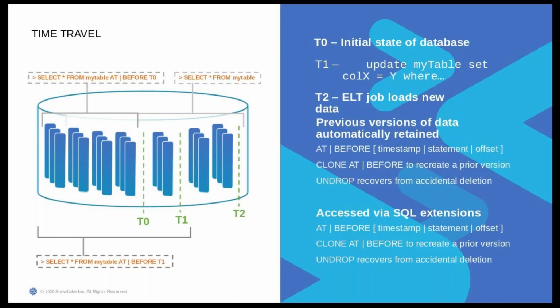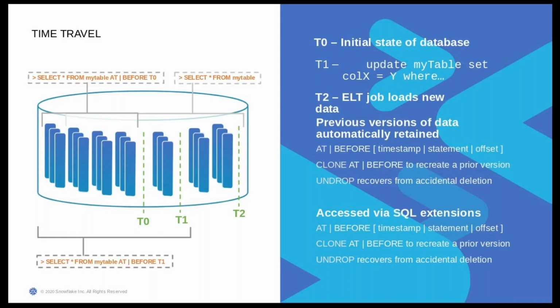How can that be possible? Because at 10 o'clock, it knows the version of the file. In its metadata, it knows the version of the file, and using that version it goes and gets you the data. But the SQL syntax is different: select star from my table at or before. I'll show you examples as well.